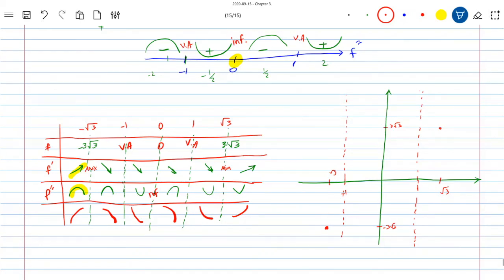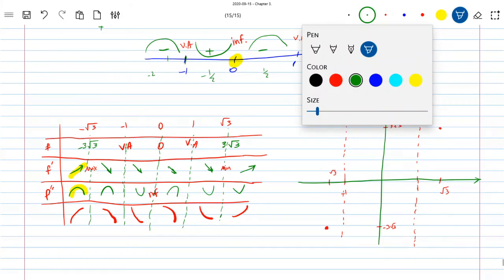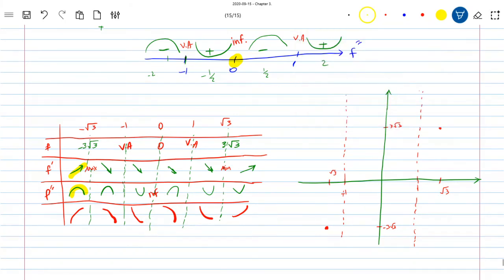Okay, what is the slant asymptote? Since you don't have a horizontal asymptote, the slant asymptote was y equal to 2x. So it's a straight line. Try to graph it with yellow maybe.